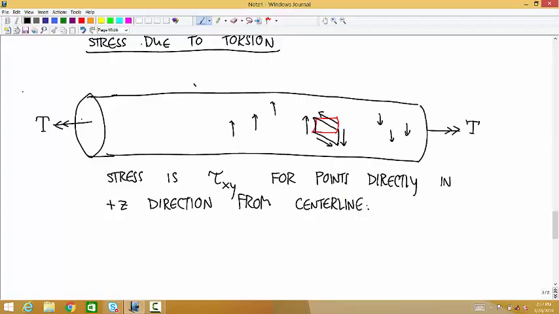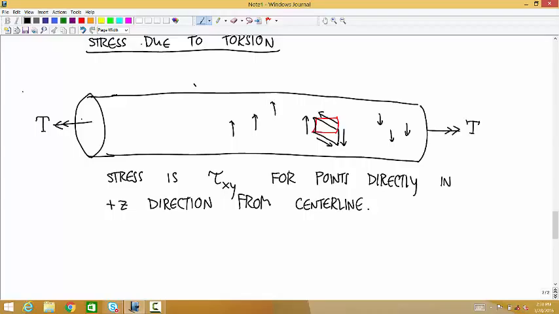Okay, so think about that for a second. So can you imagine what's happening to elements on the back or on the top? Yeah, so on the back, if you have one of these red elements before deformation, after you twist it the same way, something on the back is going to be higher on this side and lower on this side.